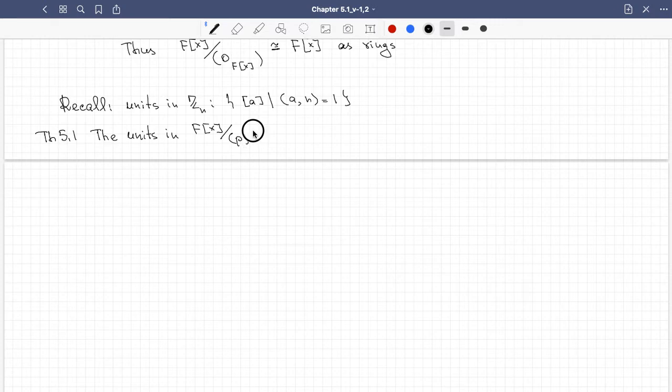Here, what we get, the classes such that the greatest common divisor of f and p is 1, now in the field.